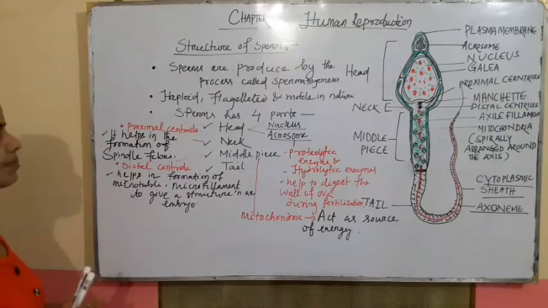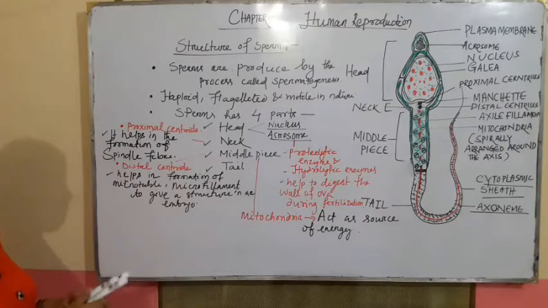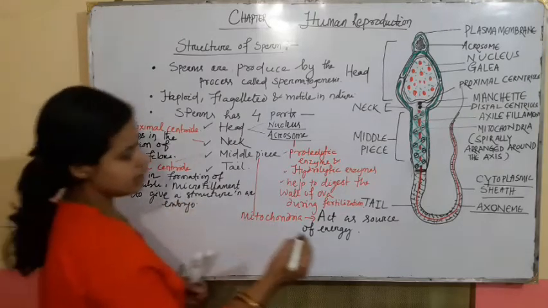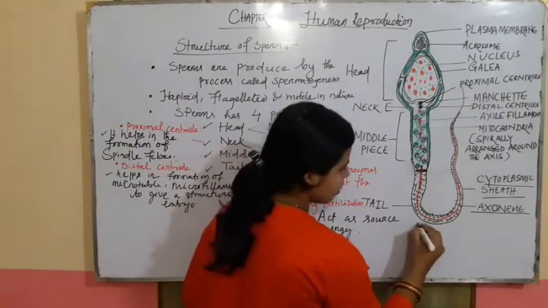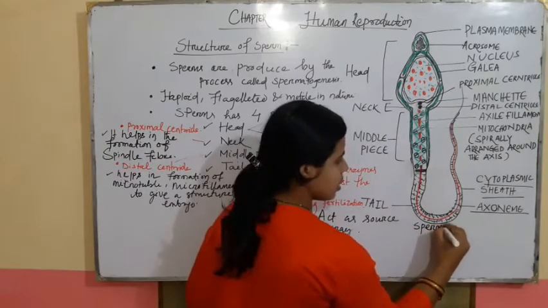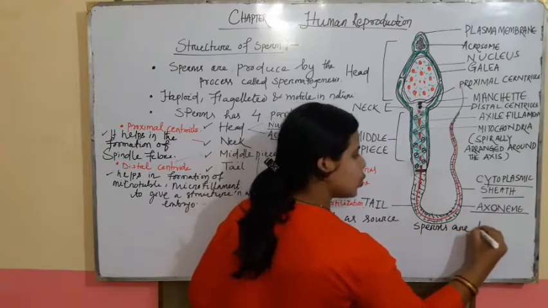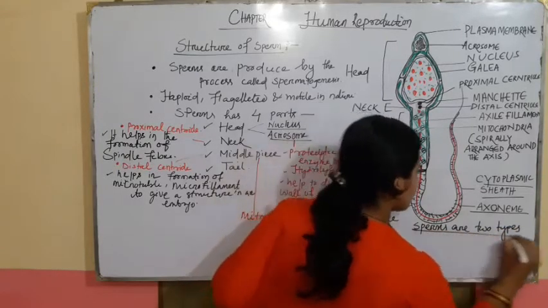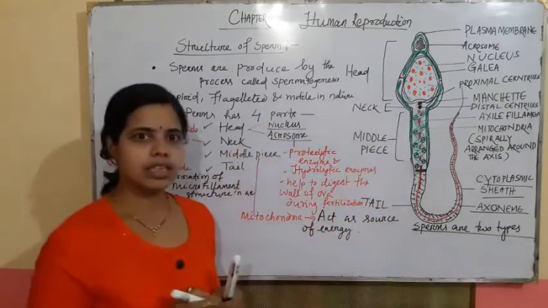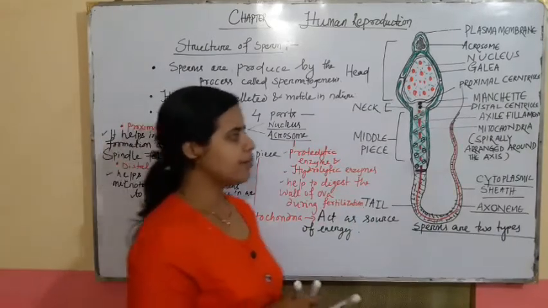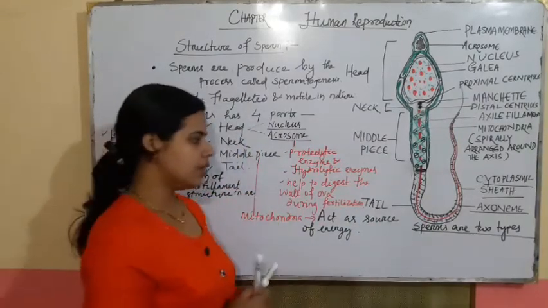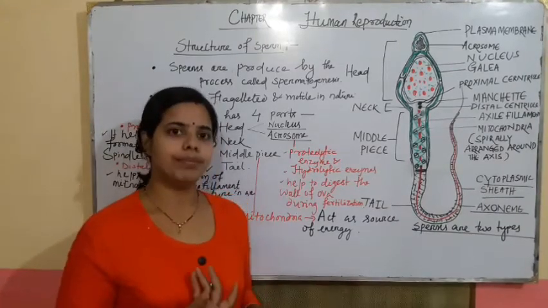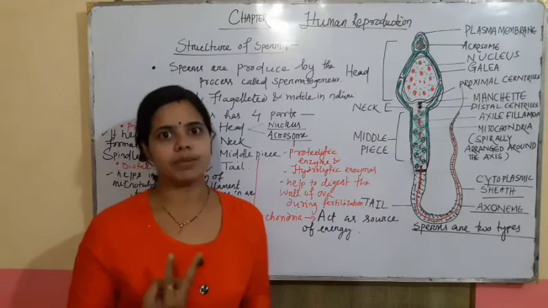And here let us discuss that sperms are of two types. Let me write here: sperms are of two types. How are the sperms of two types? See, when the division occurs, the father donates two types of sperms, but not at a time.